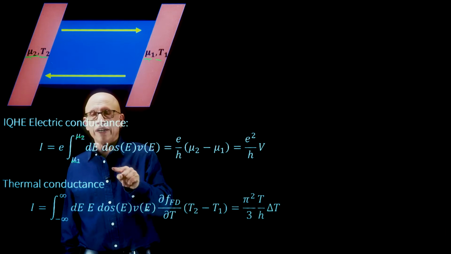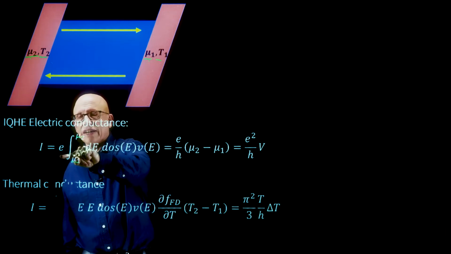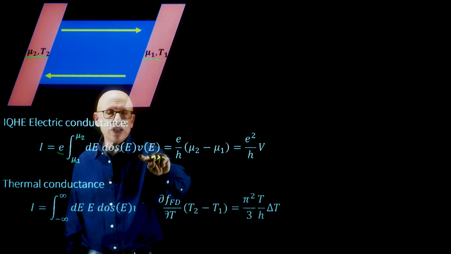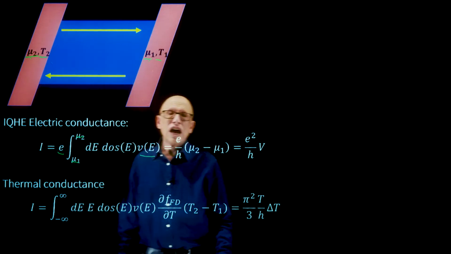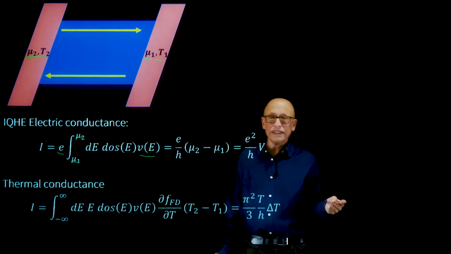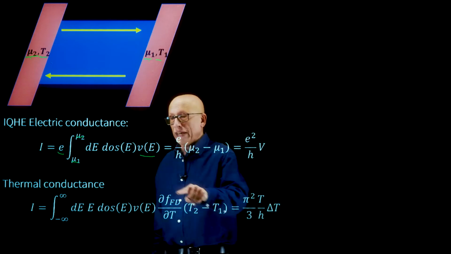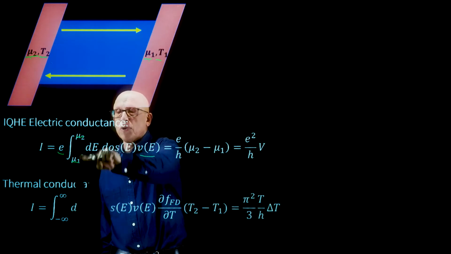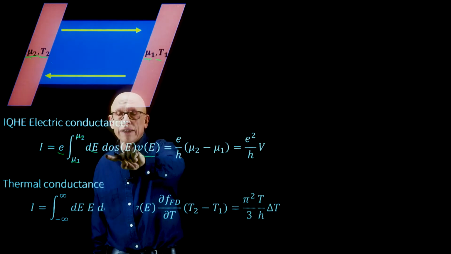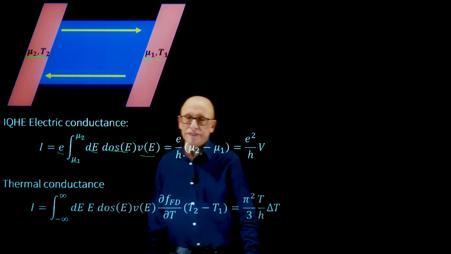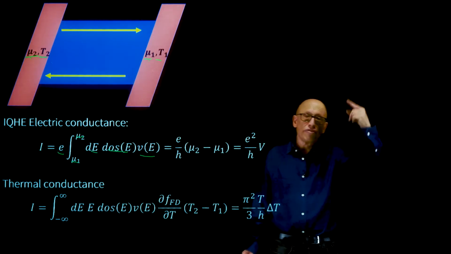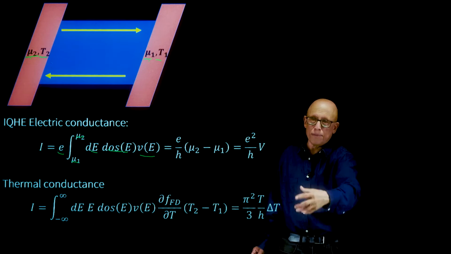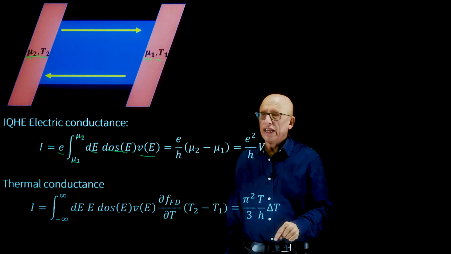They contribute a current. Each one carries a current that's the electric charge times the velocity. How many states are there of this type? Well, we need to integrate over all the energies from mu1 to mu2 multiplied by the density of states. But now comes a very crucial and fundamental observation.